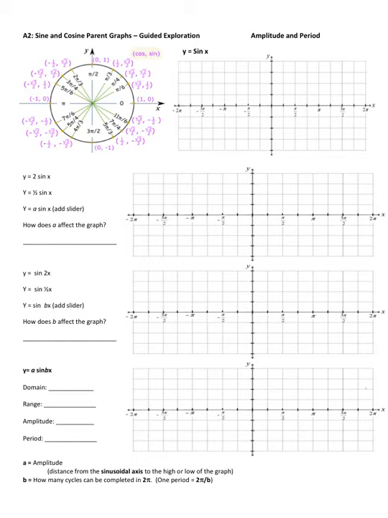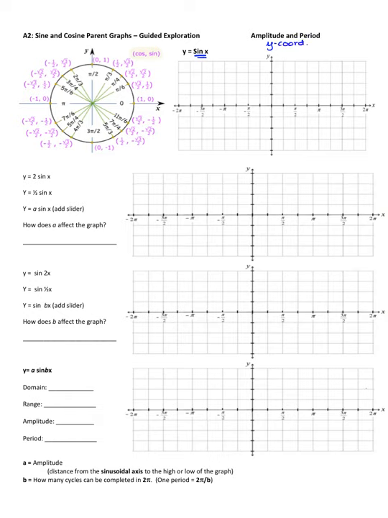Let's start with the basic parent graph. So remember from when we did 9-3 and we were entering coordinates on the unit circle. We have another unit circle right here with just the radians. Remember that sine always goes with the y coordinate on the unit circle.